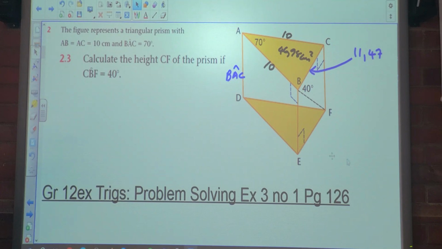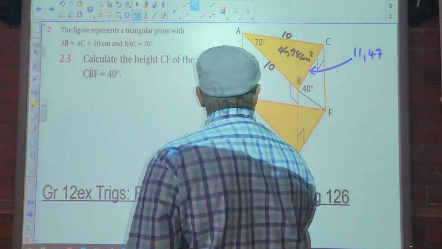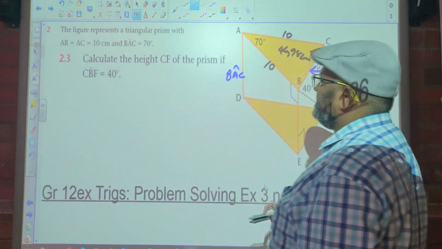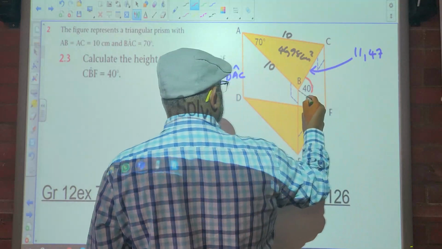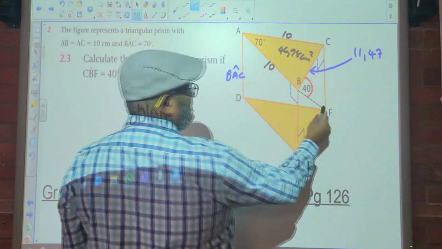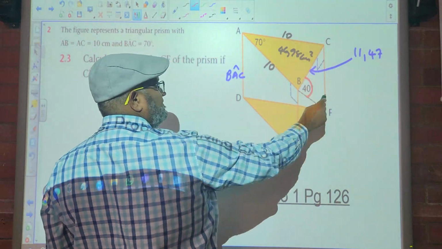Calculate the height of the prism if CBF is 40. So the height of the prism is actually EF, not so.